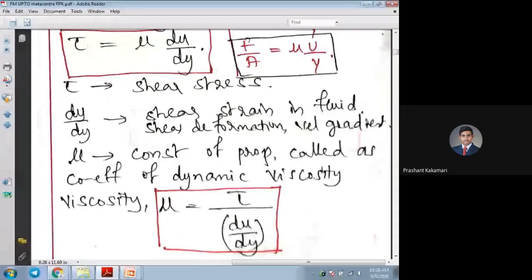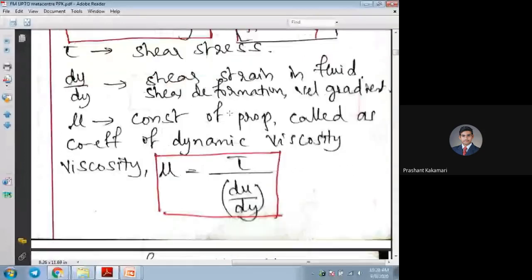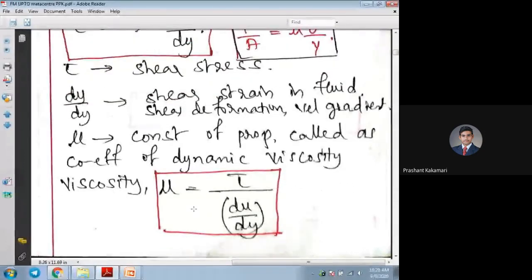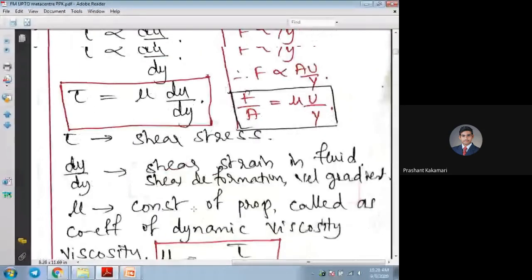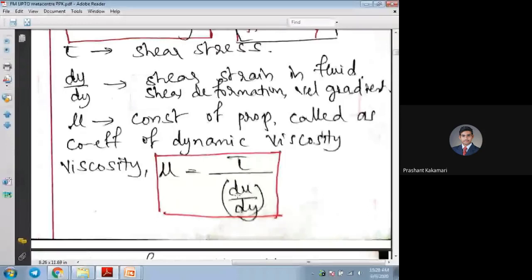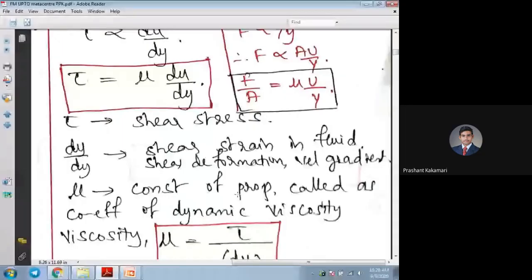Finally, if I write the equation for viscosity or dynamic viscosity, that will be mu equal to tau into dy by du, or like this, which is shown in the red box, with denominator du by dy.